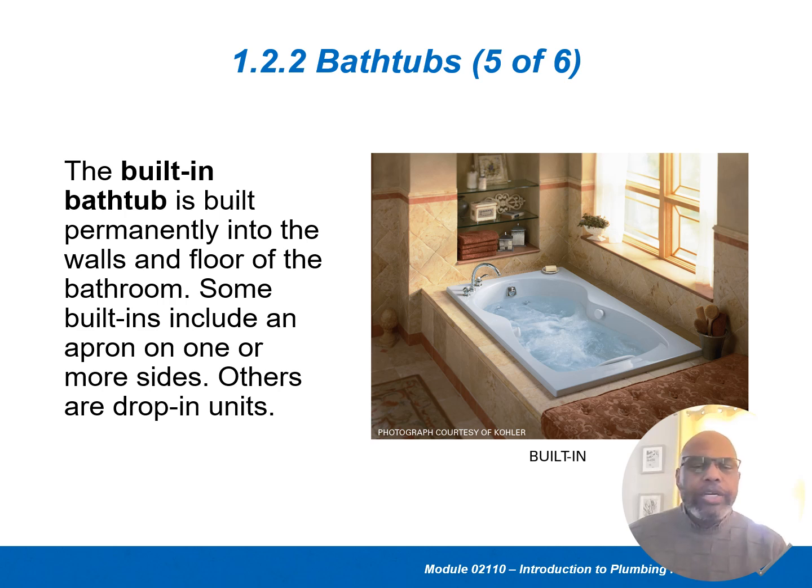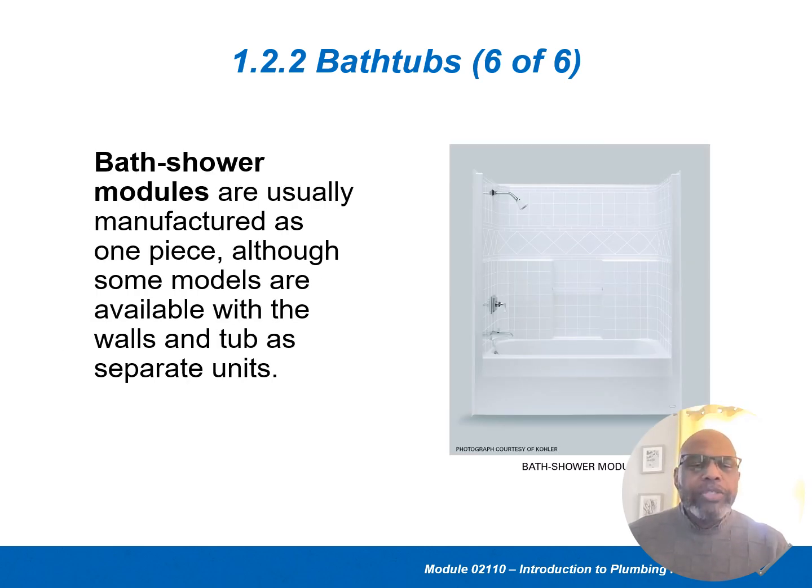This is a built-in tub. Many times built-in tubs can be Whirlpool, could be something that's used with jets in it also. If it is, it has to have a way to access all the hardware. Built-in shower modules. These are really popular because it saves a lot of time.